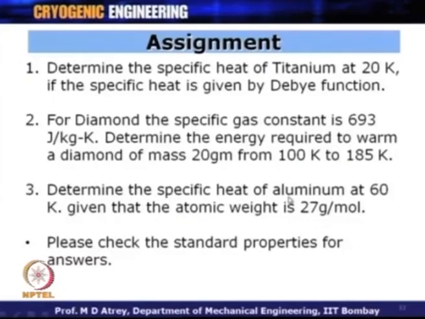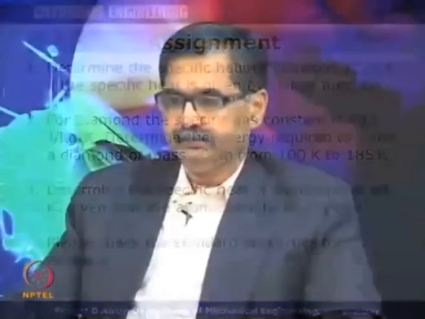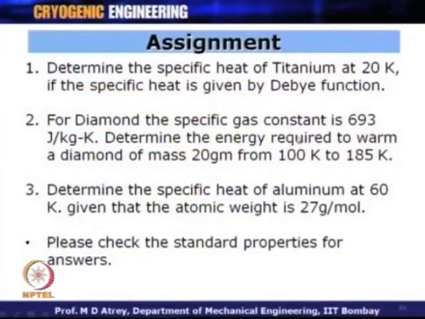So, we just saw several tutorials. Based on those, I am going to give assignments, which you can see: calculation of specific heat, calculation where the specific gas constant is given and you determine the energy required to warm, calculation of Q over here. Then the specific heat of aluminum has been given at 60 Kelvin, and one has to calculate specific heat over here. So, based on whatever problems we have solved in the tutorials, you have to solve these assignments.